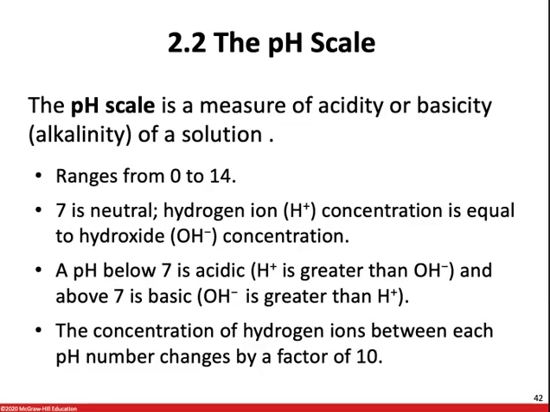Since water dissociates evenly into hydrogen and hydroxide ions, it's considered neutral at a pH of 7. Anything below a pH of 7 is considered to be acidic. Anything above a pH of 7 is considered to be basic.